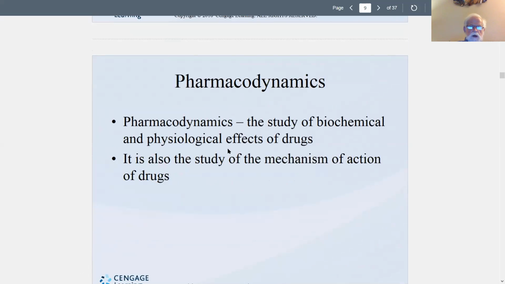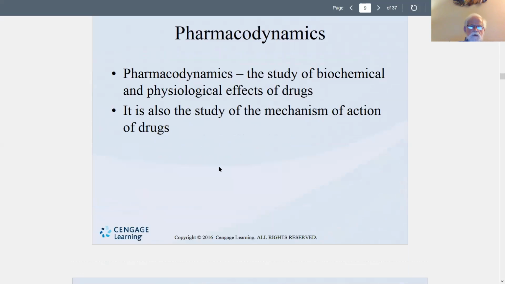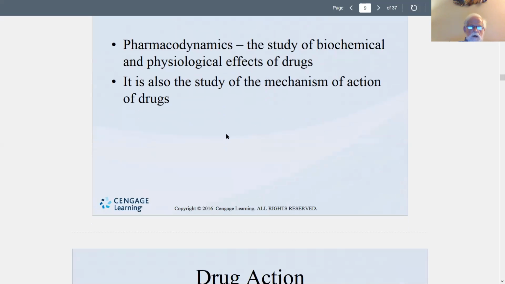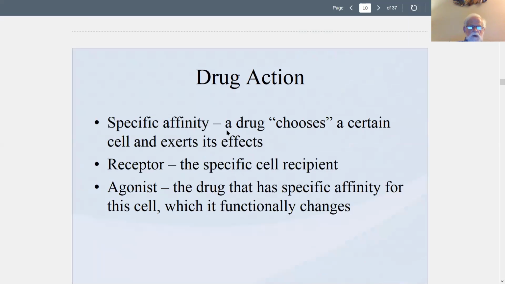I said that pharmacodynamics was the study of the effects of drugs on the body, and sometimes the drugs have an affinity for certain types of tissues or cells, and it will attach to those cells through some sort of receptor.